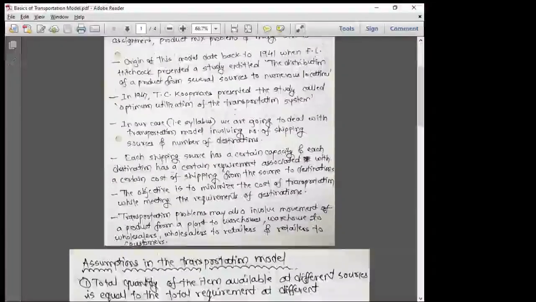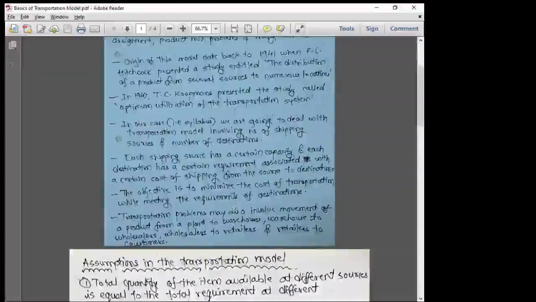Now, what is the objective of this transportation problem? The objective is to minimize the cost of transportation. That is the case with this type of transportation model. I'm repeating the objective: to minimize the cost of transportation while meeting the requirements of the destination, right?